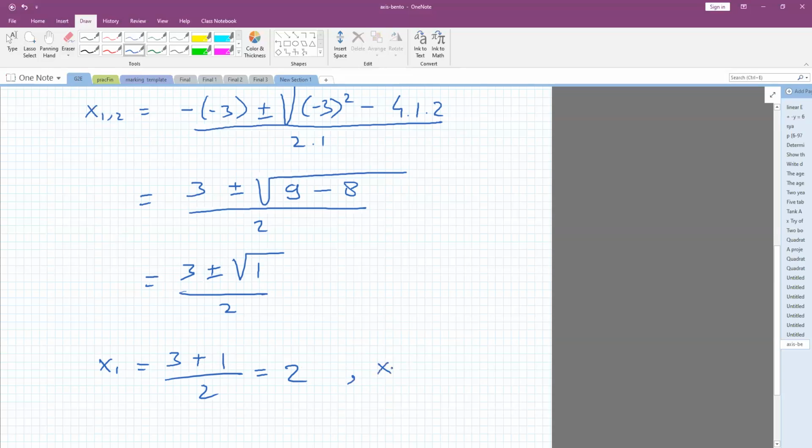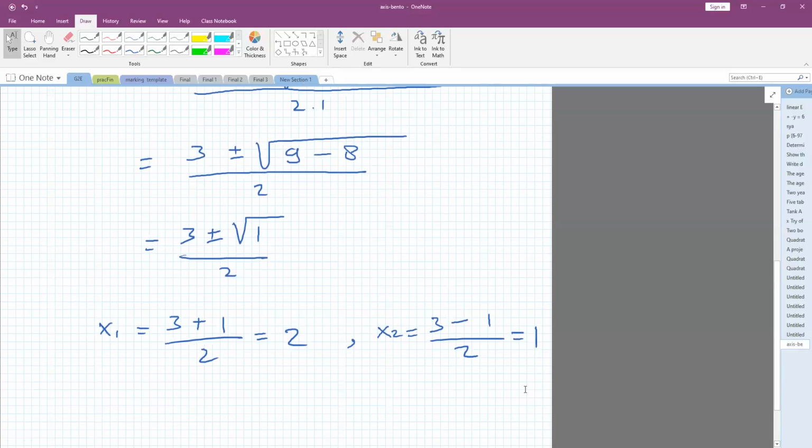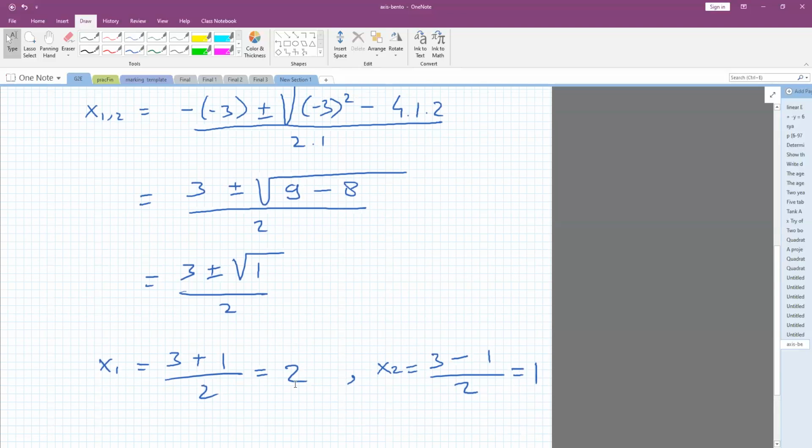Now, the second solution, x2, will be 3 minus 1, divided by 2, and in this case we get 1. So we have two roots here, 2 and 1.